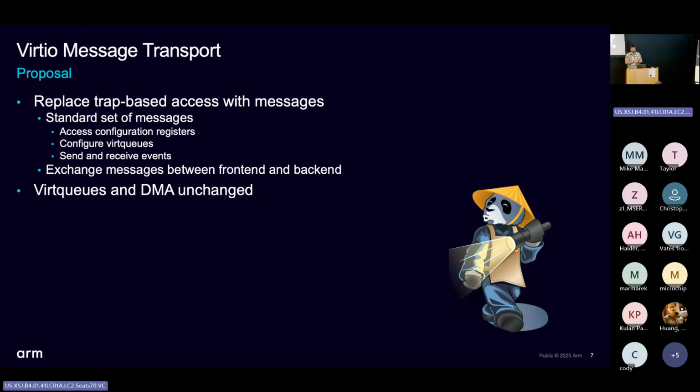We decided to modify those IO accesses and instead exchange messages, because messages can be exchanged asynchronously and can also transfer more data than just an IO access to address X. Virtio message defines a standard set of messages to access configuration registers, to configure virtqueues, and to send and receive events. We exchange those messages between the frontend and the backend. Virtqueues and DMA functionalities of Virtio are unchanged.